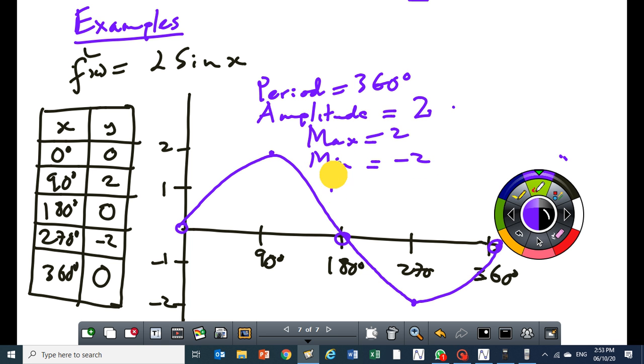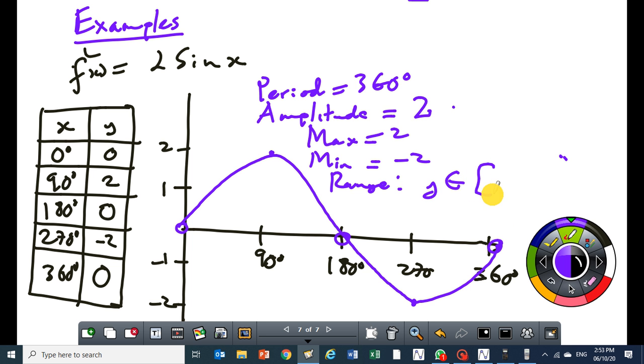The range is going to be y is an element from minus 2 to 2. Okay? So your range is from y equal to minus 2 to y equal to positive 2.